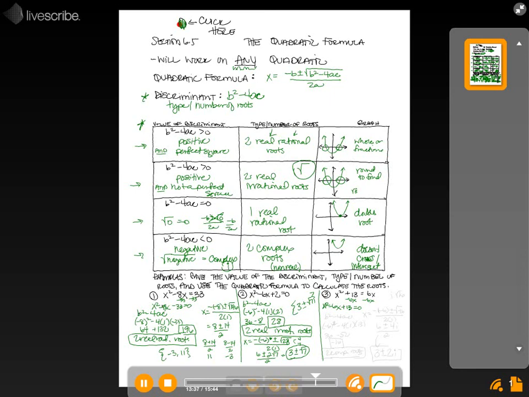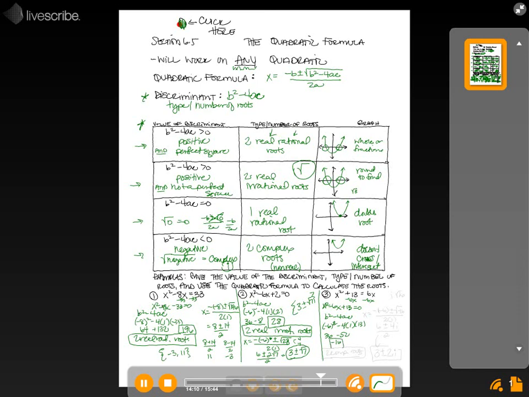Let's plug in what we know. b squared minus 4ac. b squared is negative 6 squared, minus 4 times 1 times 13, where 13 is c in this problem. Negative 6 squared is 36, positive 36. And negative 4 times 13 is negative 52. When we have 36 minus 52, we get negative 16.